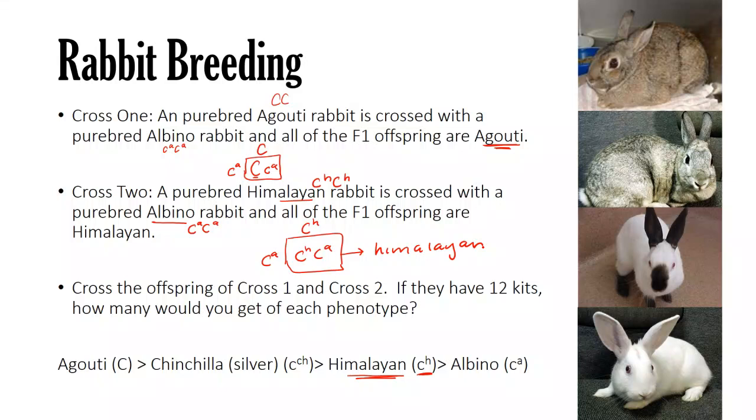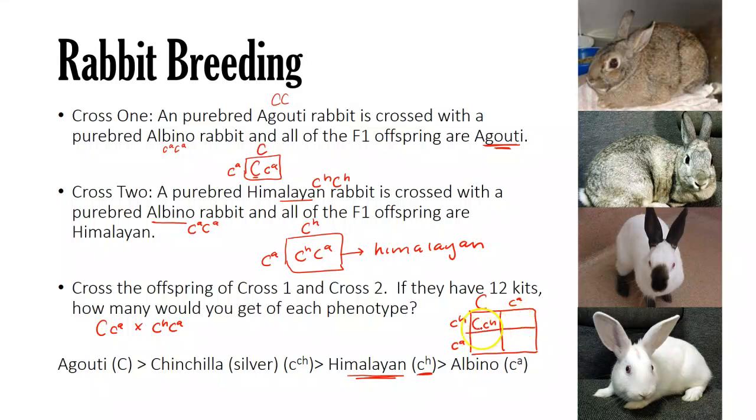If I cross the offspring of these two crosses together, that's where it gets a little bit interesting. So now I'm crossing big C, little c^a by c^h, c^a. If I set up my Punnett square over here, I have big C, little c^a on one side and little c^h, little c^a on the other.